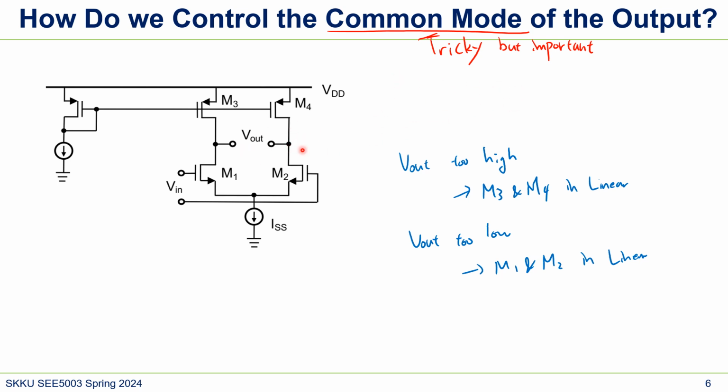Could be the other amplifier, or another circuit. From the point of view of the next circuit, it also wants a well-defined Vout. So we need to do something about the Vout DC level.